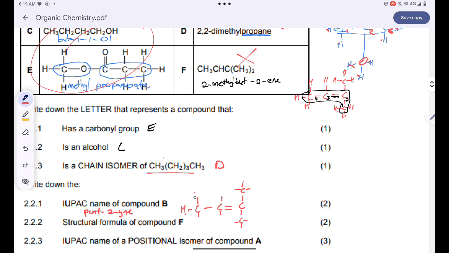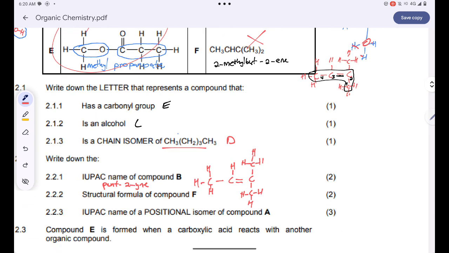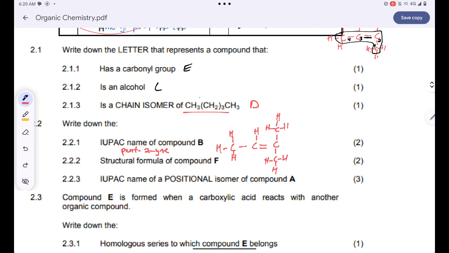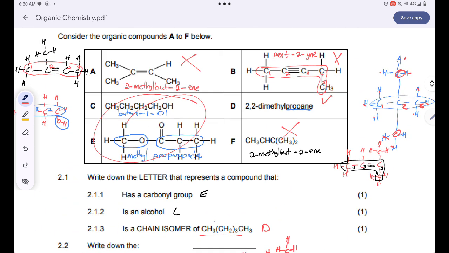All you have to do is to just write down the hydrogens. That's the structural formula. Okay, the IUPAC name of a positional isomer of compound A.